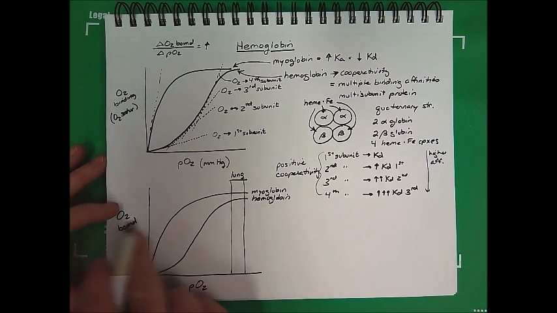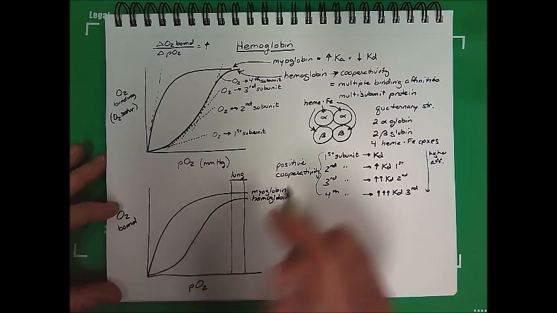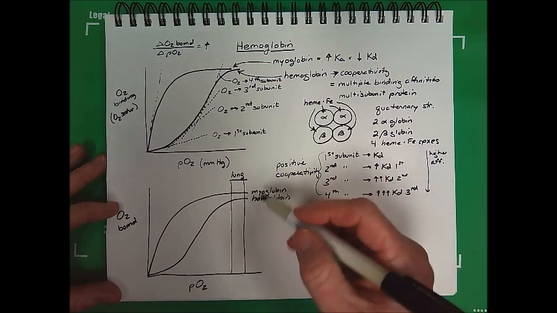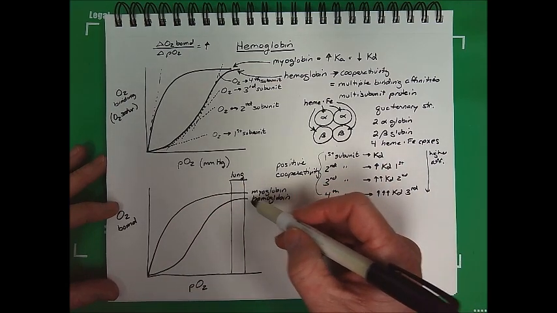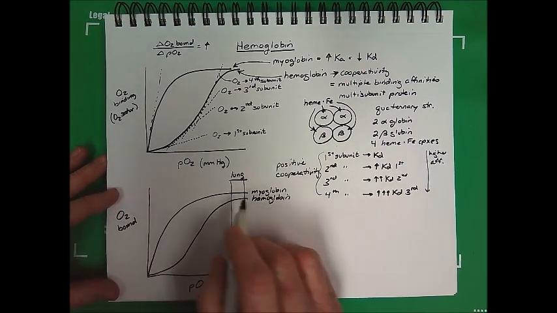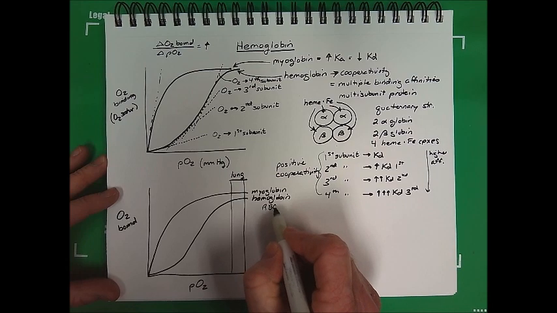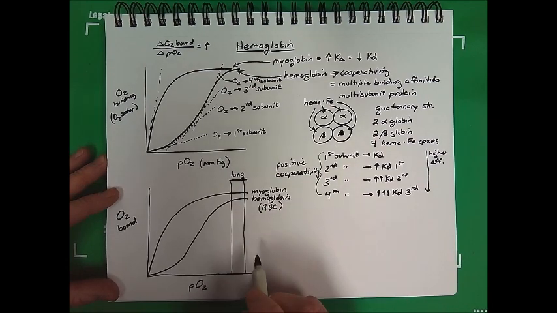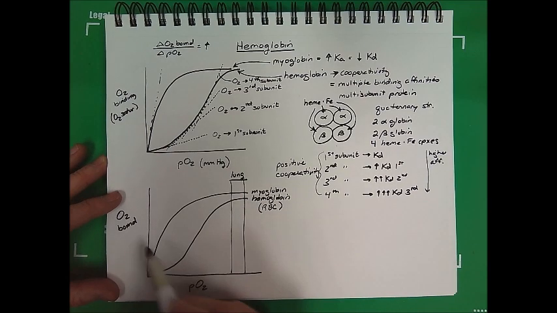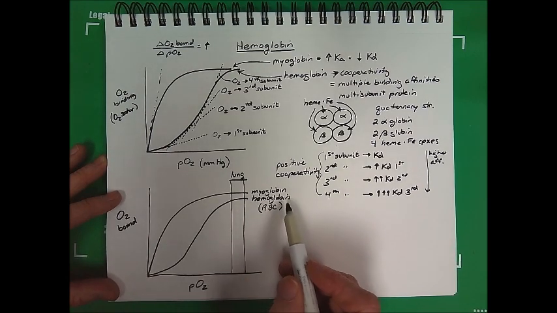Notice the amount of oxygen bound at these pressures. There's so much oxygen here that we can saturate both myoglobin and hemoglobin. This is important because hemoglobin is the transport protein in red blood cells for oxygen. So in the lungs, we want to make sure that we have enough oxygen to fully saturate the hemoglobin.